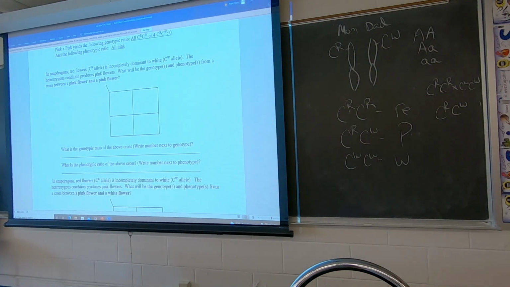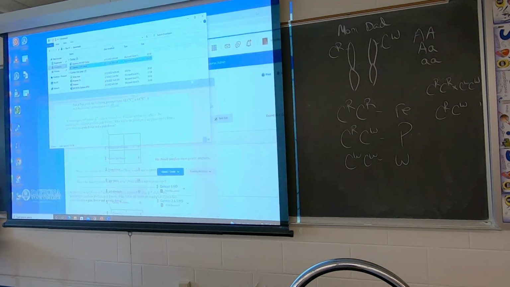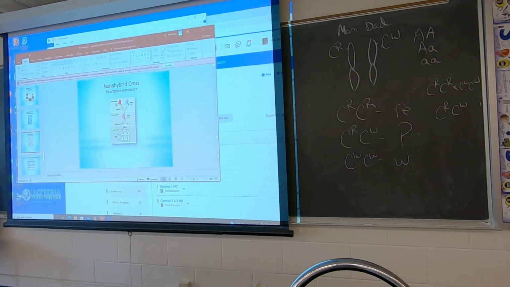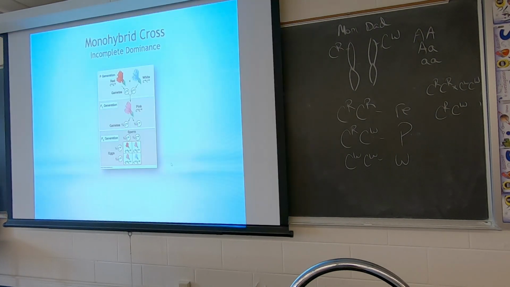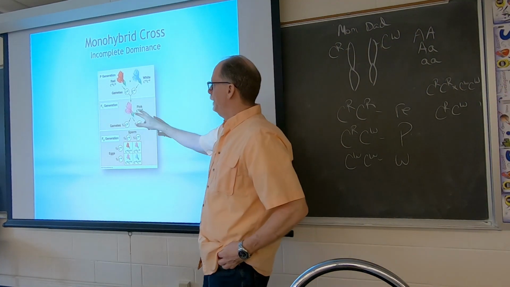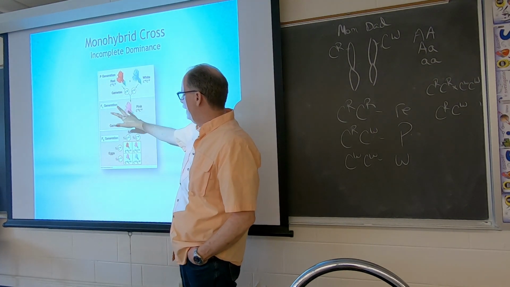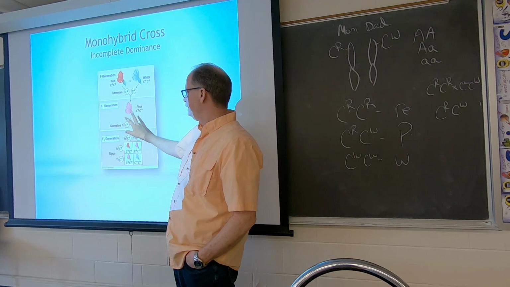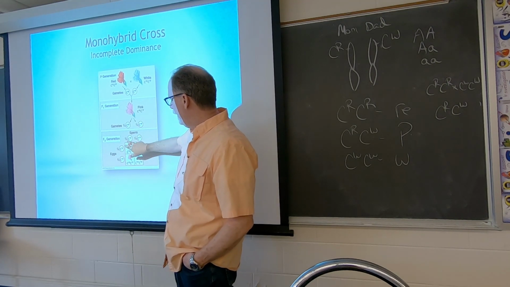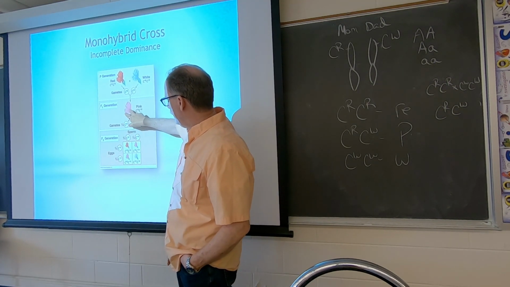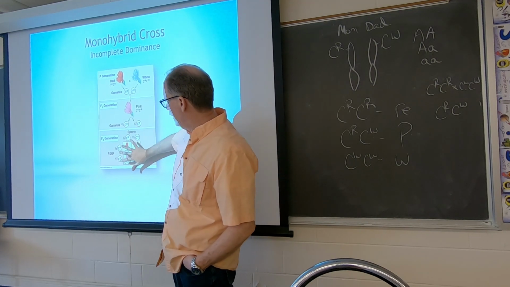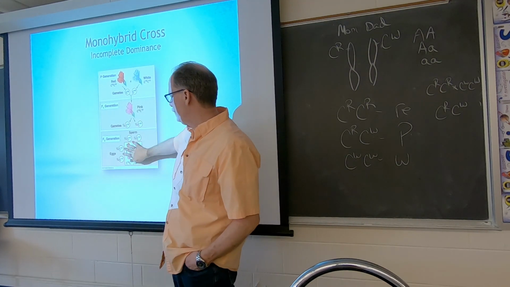Now, let me show you on the PowerPoint, we have both of those examples, right? Here's the monohybrid. This is from your textbook, right? You have red, white. Here's the genotypes. I put them on the board. F1, they're all pink. This is the Punnett square for a cross of this generation, right? Two of these generates this cross. This would be the offspring.